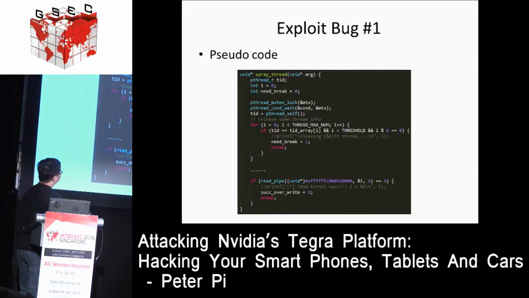So we can see this is the spray thread. Each thread will check the TID by comparing the TID array received, and we can see the code checks whether the index of the thread is bigger than the threshold or not, and only 1 out of 6 will be freed.